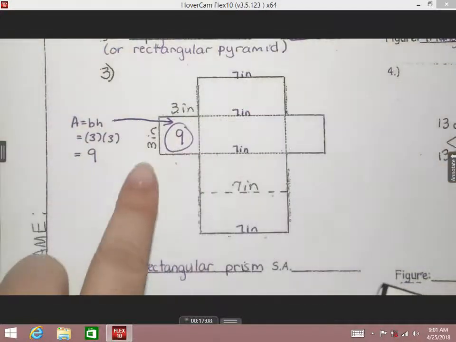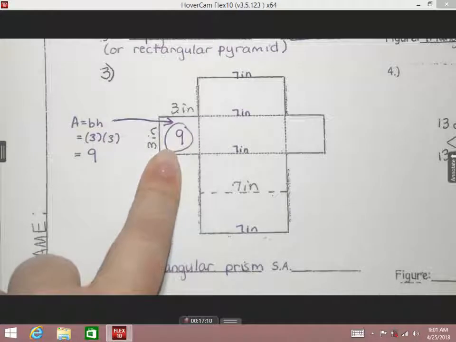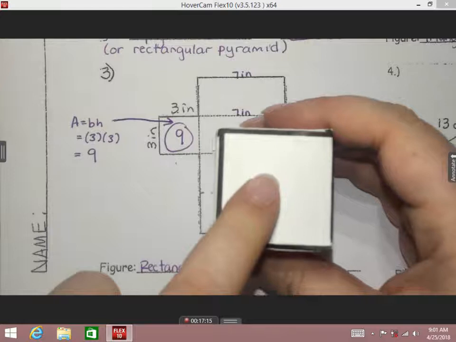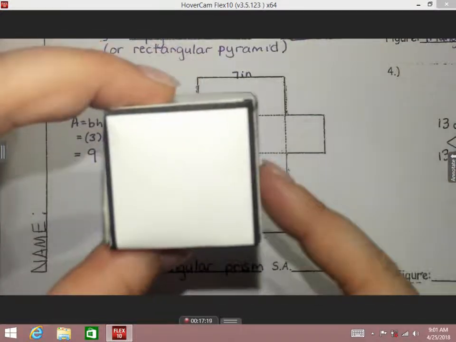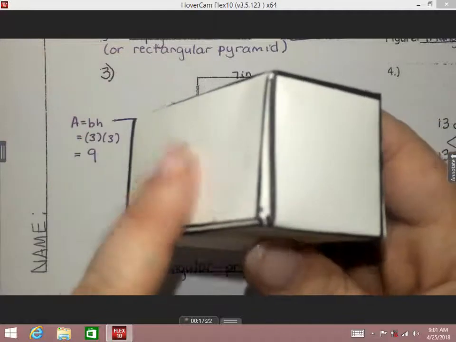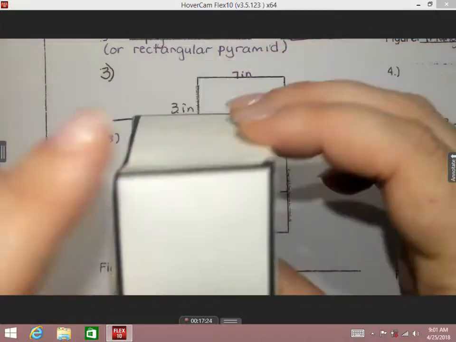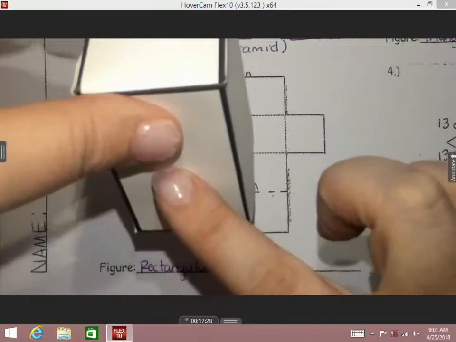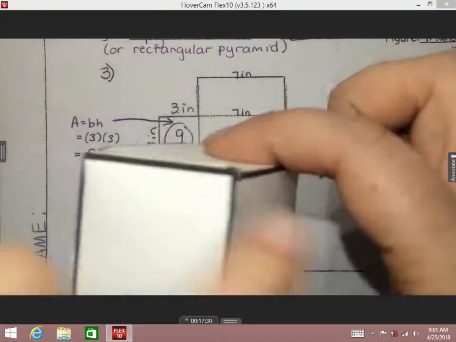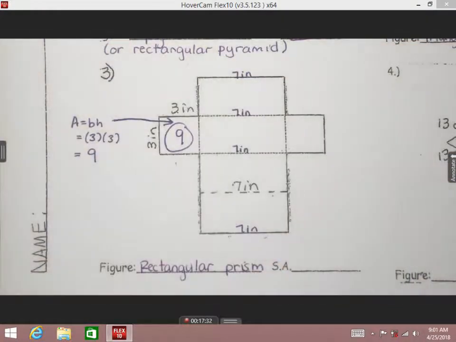So if I have a 9 on a rectangular prism, I'm going to have another one, because again, my top matches my bottom. My left side has to match the right side, correct? The back has to match the front. So do you see how it's going to have pairs? A rectangular prism should have pairs.